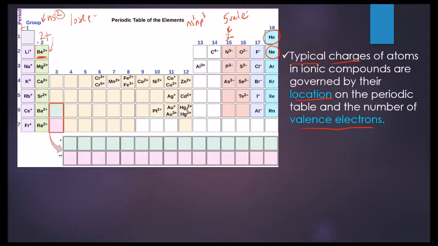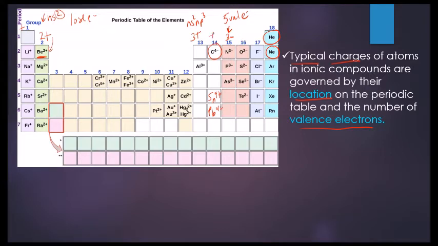Group 1 are +1s. Group 13 usually are the 3 pluses. Group 14, they typically do covalent bonding, like carbon can form carbide. And then, of course, you have the tin and the lead down here that are multiple oxidation metals that do +4s as well in the metal category. But these guys typically do covalent bonding and don't form a whole lot of ionic compounds.